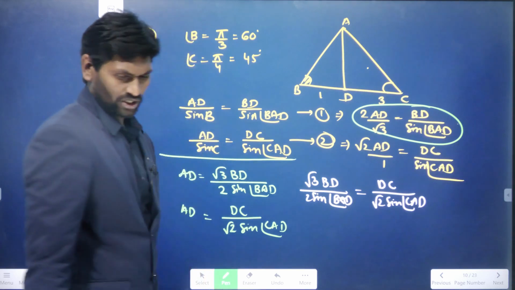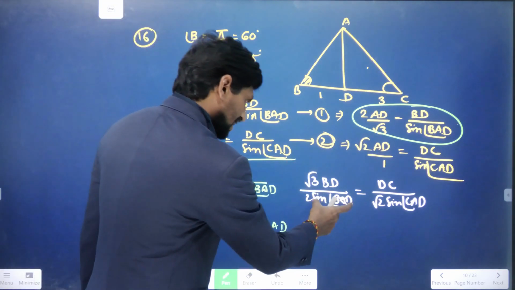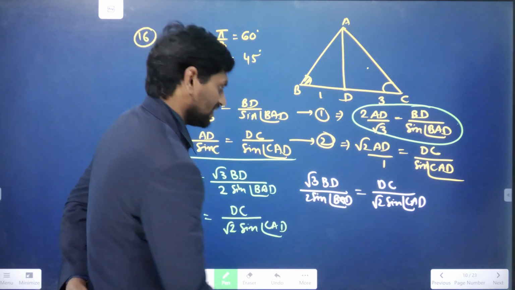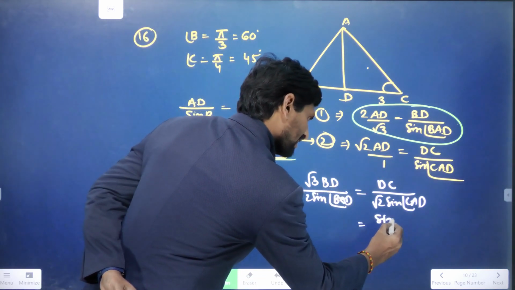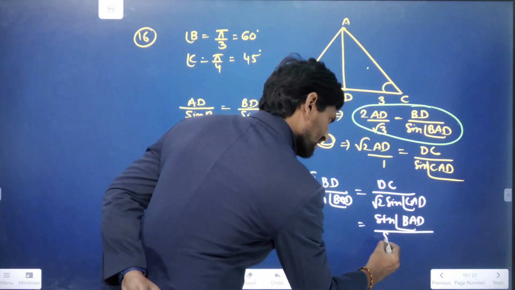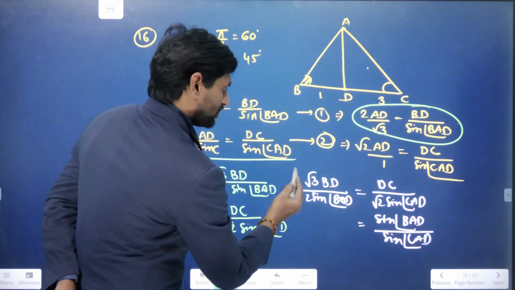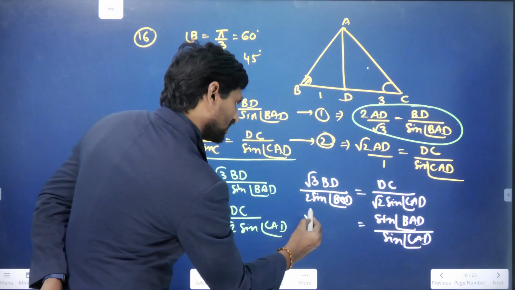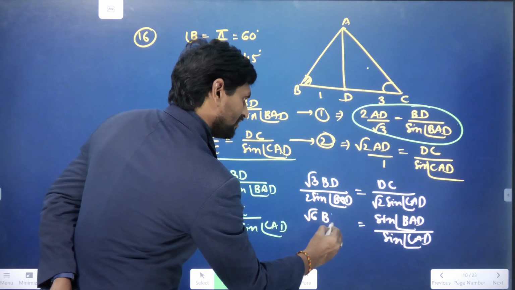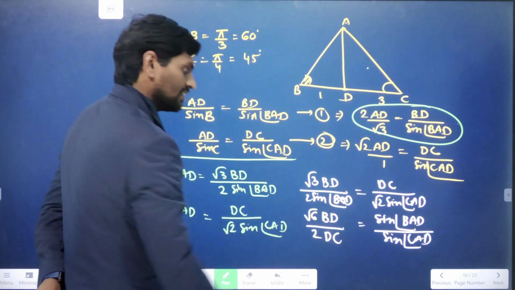We want the ratio of sin BAD by sin CAD. I am just transposing sin BAD to that side. That is equal to sin BAD by sin CAD, and root 2 transposes here, root 2 into root 3 is root 6. Here BD will be there, divided by 2, and DC.